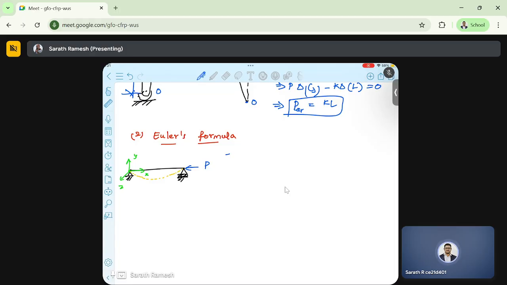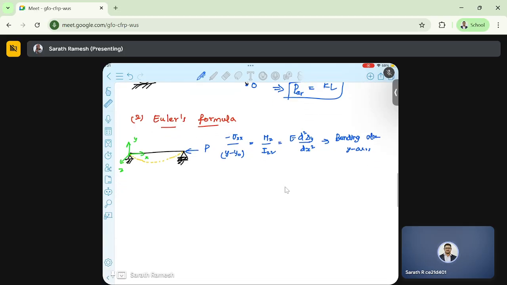So this is minus sigma xx, the axial stress, by y minus y naught. This is bending along the y axis, equal to Mz by Izz, equal to E into d square delta y by dx square, right? This is for bending along the y-axis.